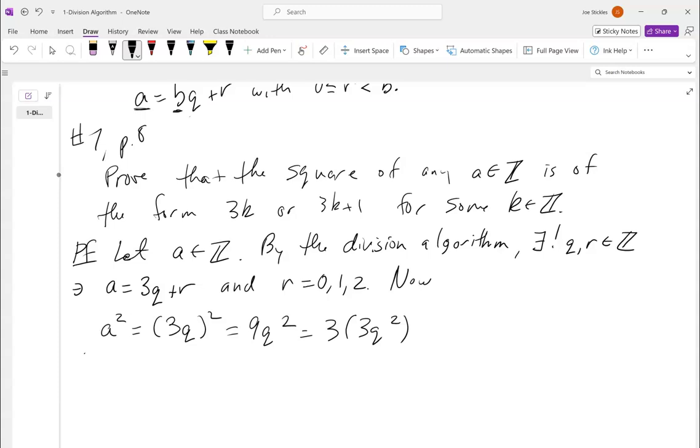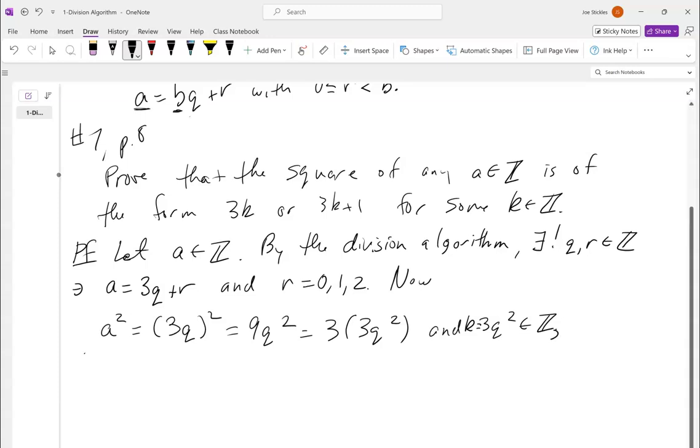Yeah, because by squaring an integer, I still get an integer. So if I take 3 times an integer, I get an integer, right? If I want to be a little more emphatic here, I'll say K equals the 3Q squared as an integer, just because I said K in my original stem of the problem, right? Okay.